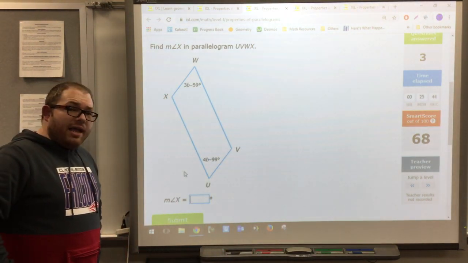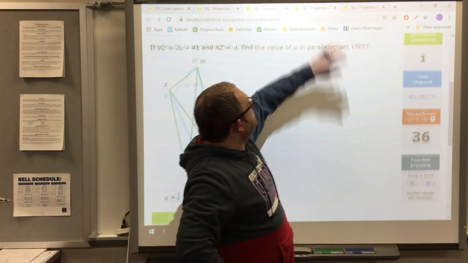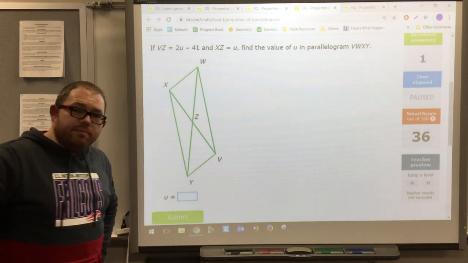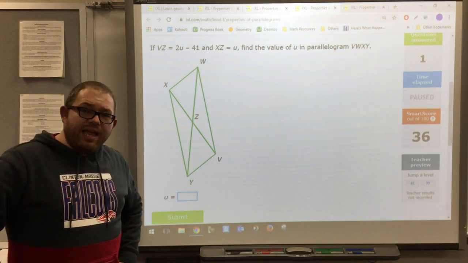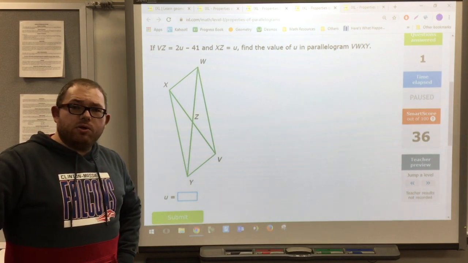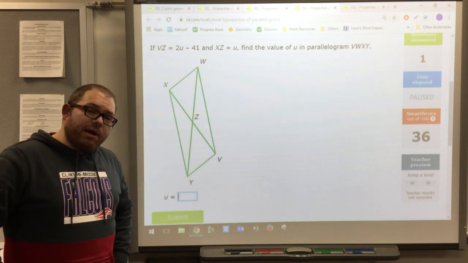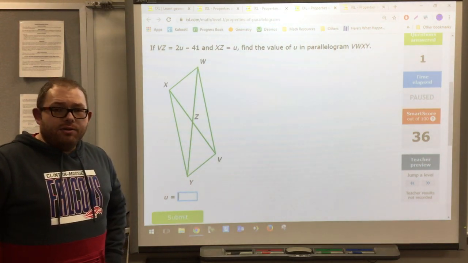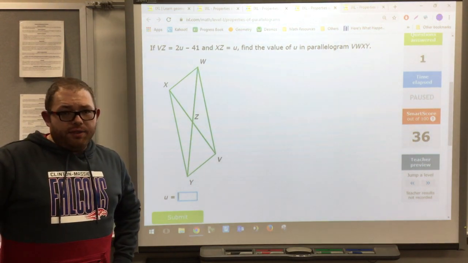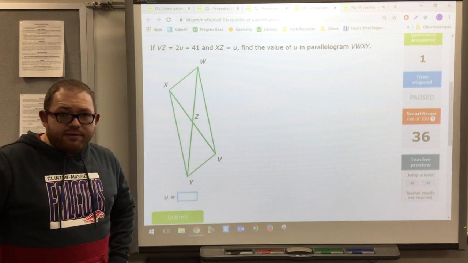Now, not every question is going to be about side lengths. Sometimes they're going to ask us about the segments that are inside the parallelogram. Those are called diagonals. We are supposed to remember that in a parallelogram, the diagonals bisect each other. That means they divide each other in half.